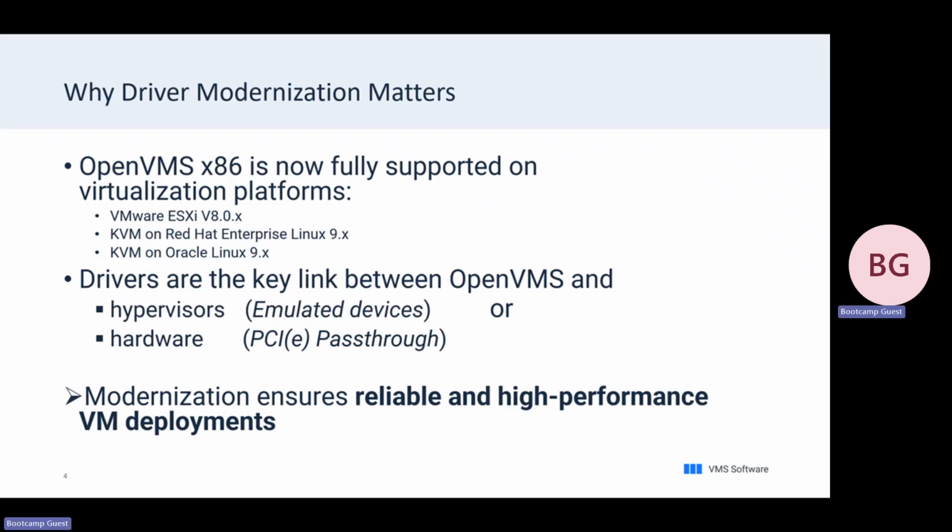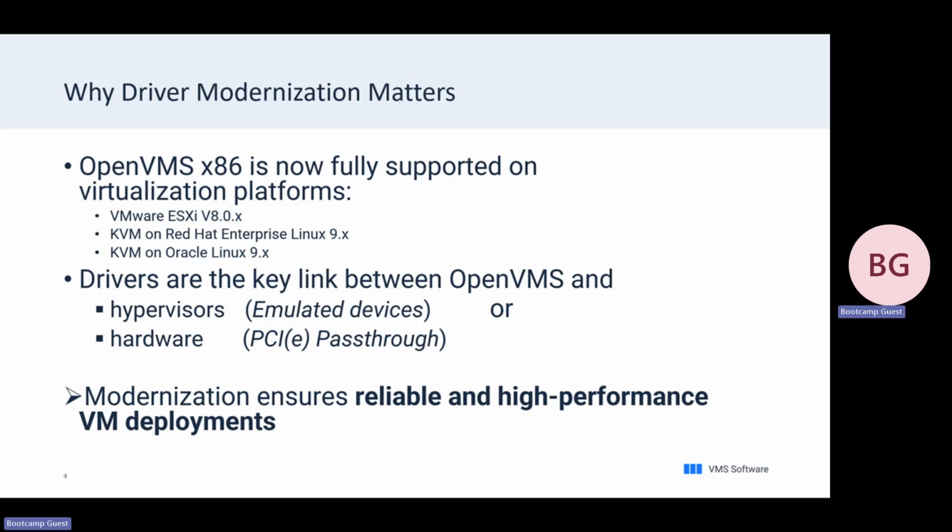So, as you may know, we are now fully supported on virtualization platforms. Either we run on VMware ESXi, or on KVM for Red Hat Enterprise Linux and Oracle Linux. Of course, drivers are the key link between the guest, which is OpenVMS in our case, and we now have two different cases.